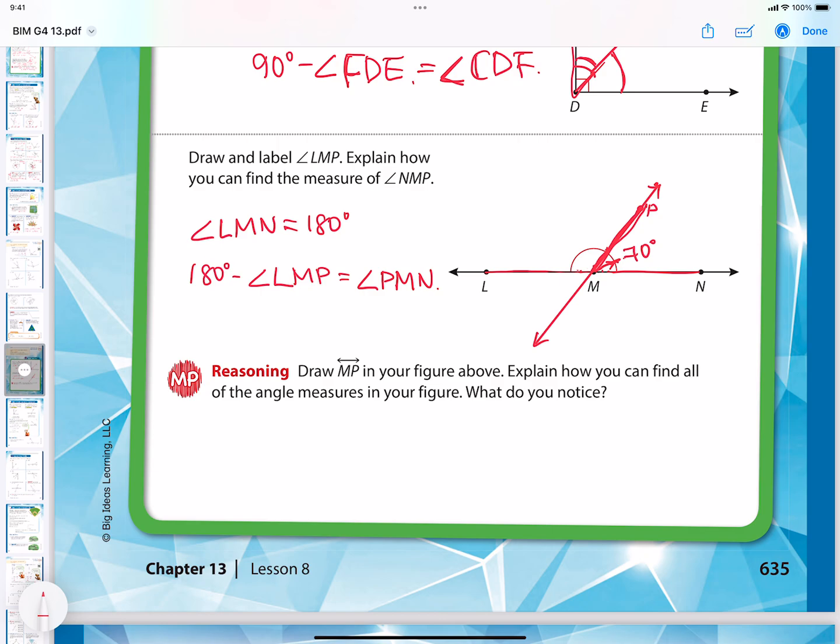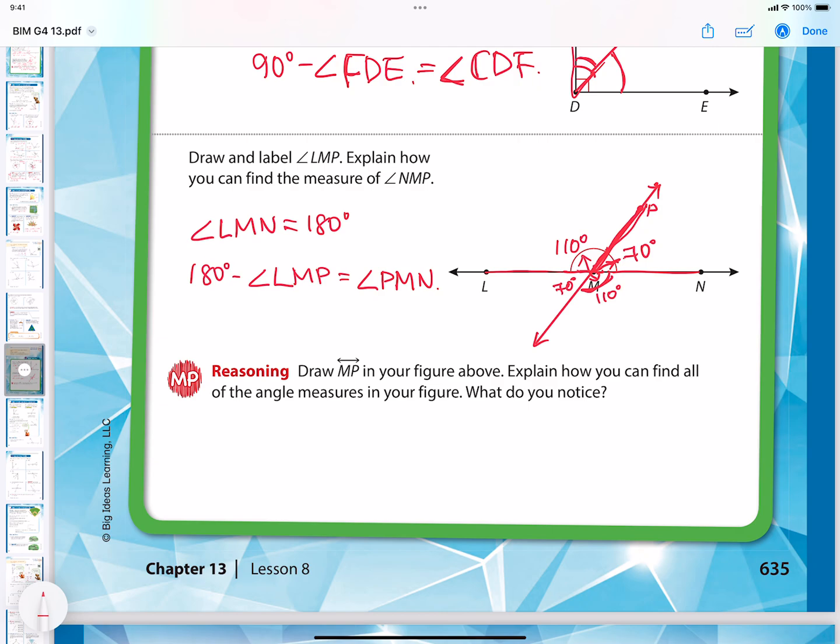Oh, okay, so we got it already. Here we know this was 110, because we are supposed to use 180 degrees, which is the straight angle. We know angle LMN. And we know already the opposite side of the angle is the same angle, 70 degrees. Okay, but in short, we can use adjacent angles, which we just learned last lesson.